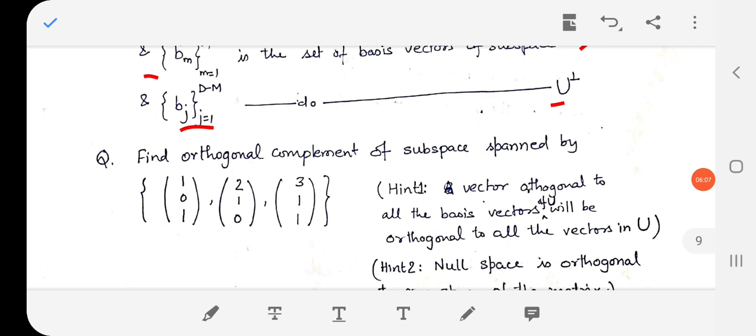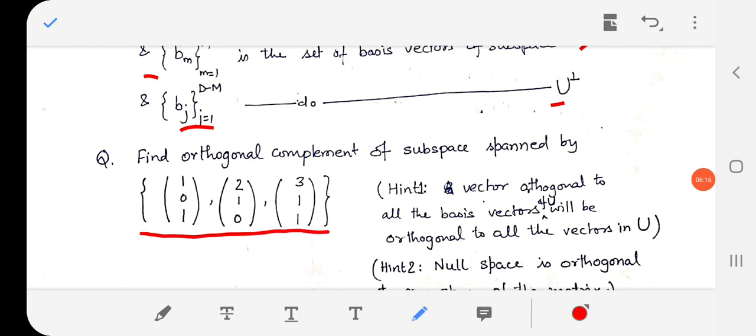Now let us do a question to understand the orthogonal complement of a subspace. Let us suppose we have a subspace generated out of these vectors. Now we need to find the subspace which is the orthogonal complement to the subspace generated by these vectors. So what we can do is take every vector which is orthogonal to these three vectors.